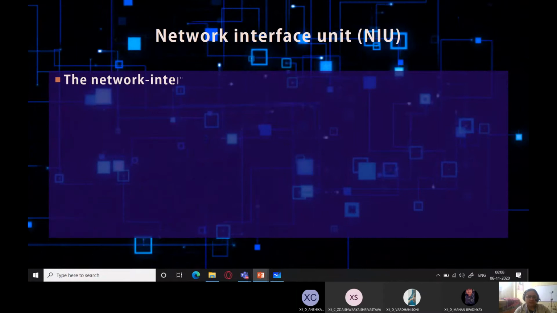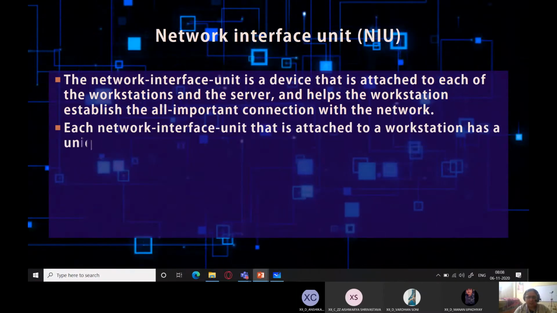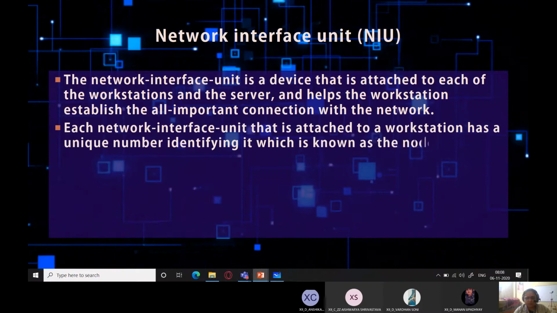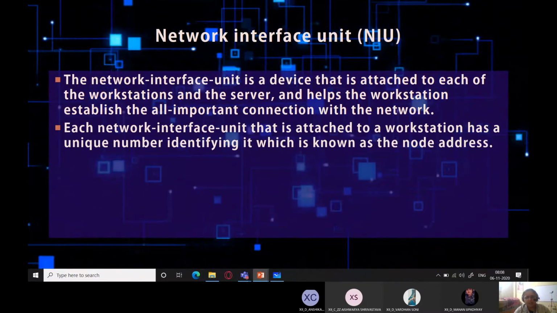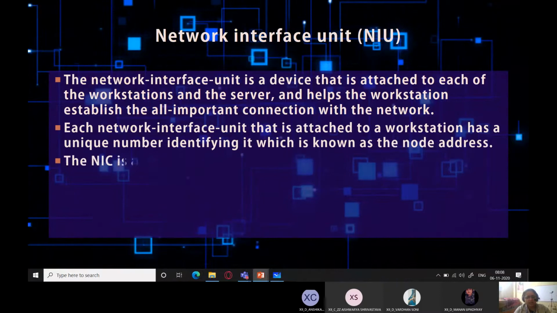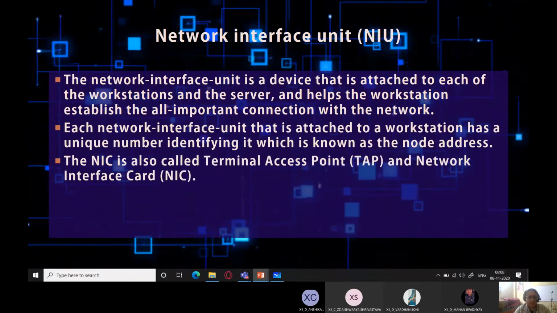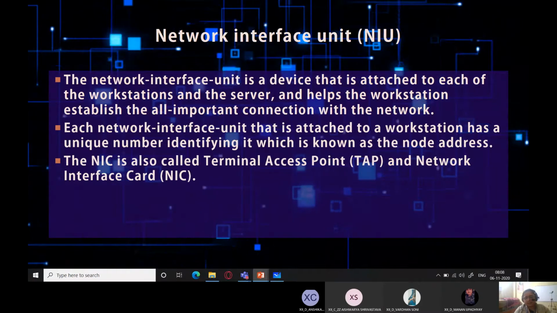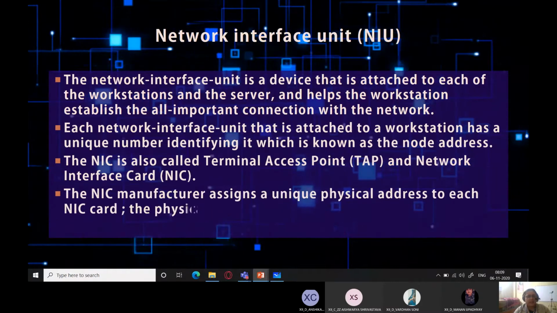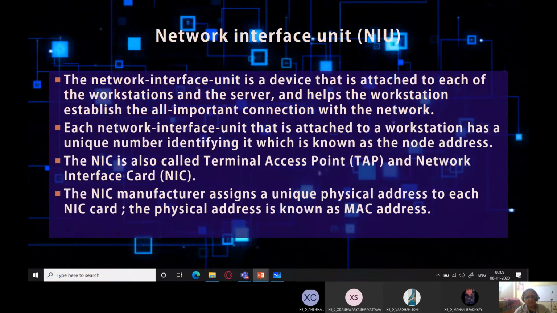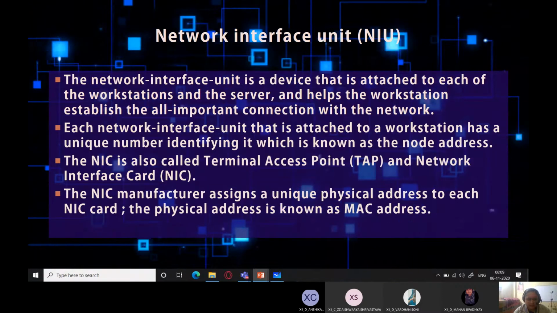Network interface unit, that is your LAN card. It is also attached to your computer. Every device, every computer will have a LAN card which allows communication with the network. It forms a terminal access point, also known as the network interface card, also known as the LAN card, and that helps in converting the digital signals of the computer into electrical analog signals.